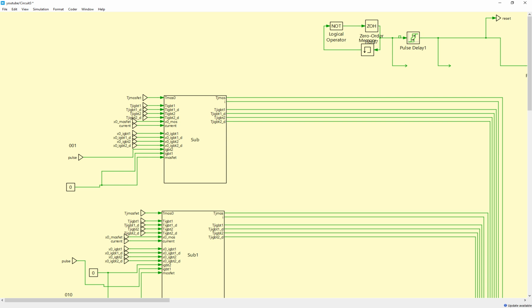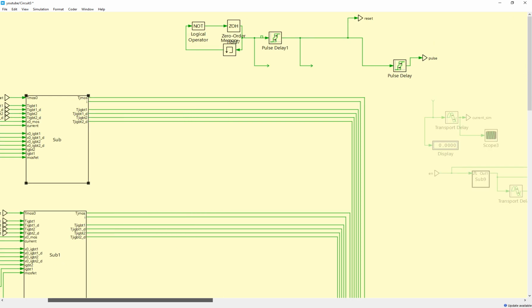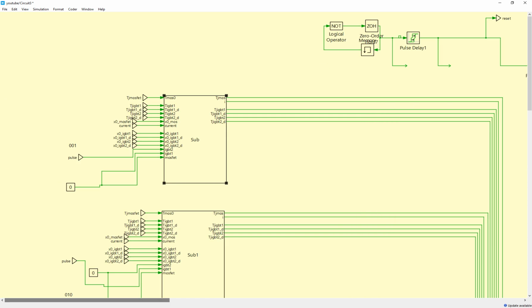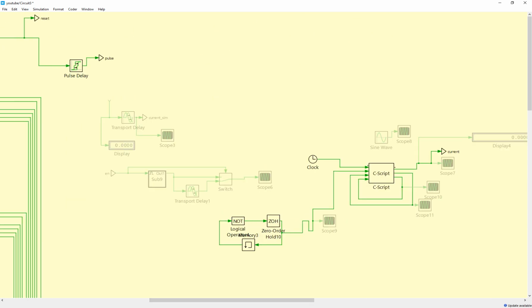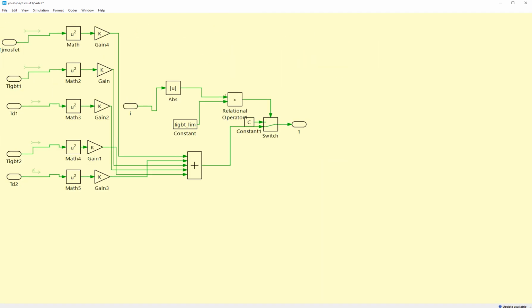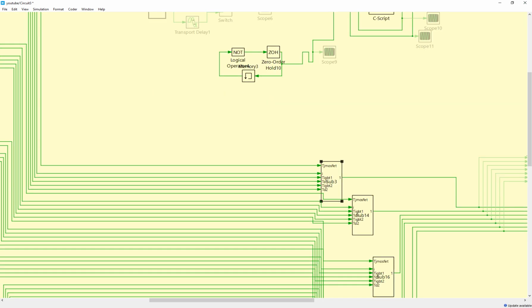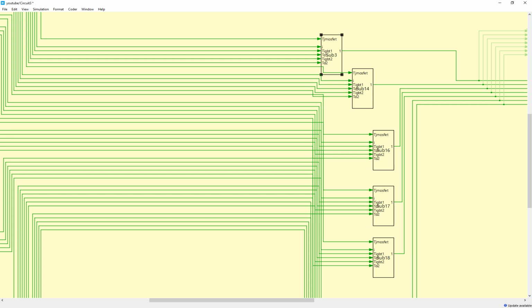For that case, this state is discarded because the current is beyond the limit of the IGBT. This is checked through this mechanism here. Very simple mechanism. And then as the output, you get the cost value for each configuration.